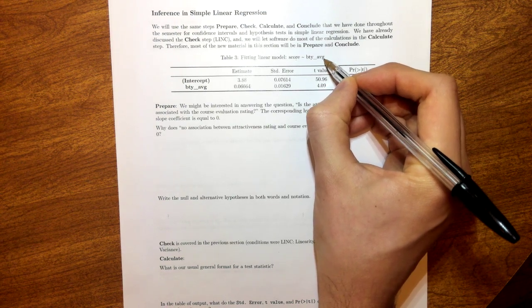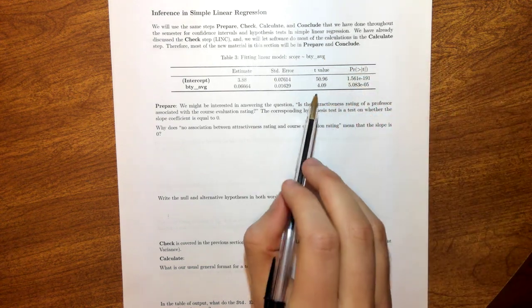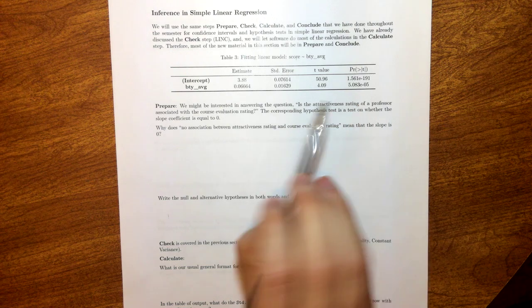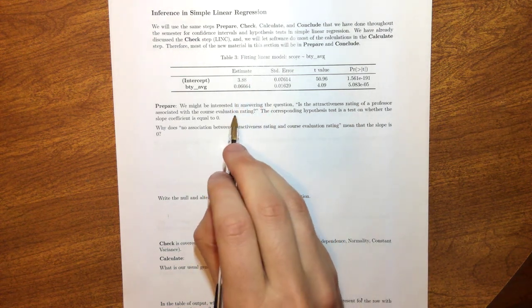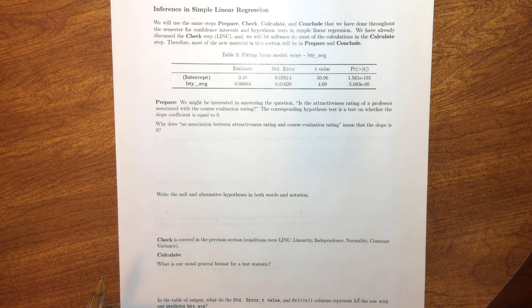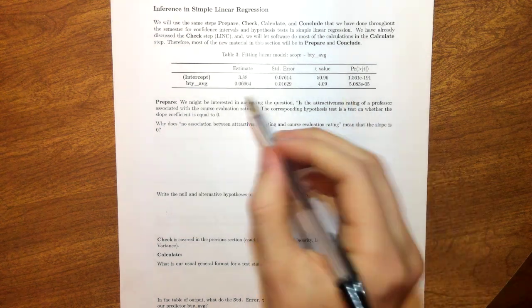One question we might be interested in answering is whether the attractiveness rating is associated with the course evaluation rating. As humans, we would hope that's not true, but we could see how there could be some bias there.